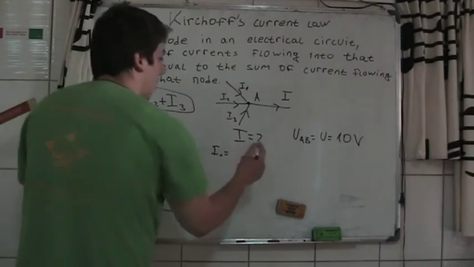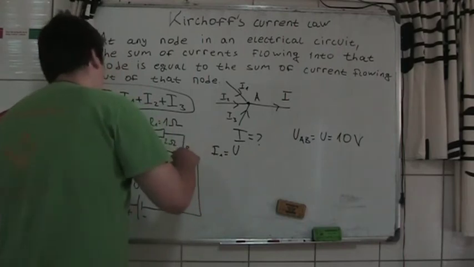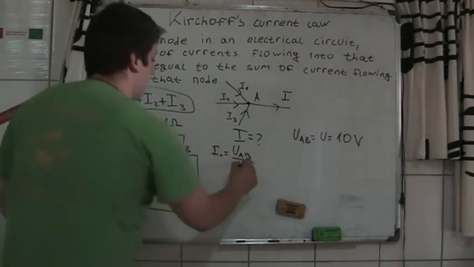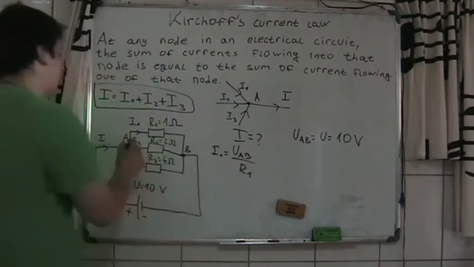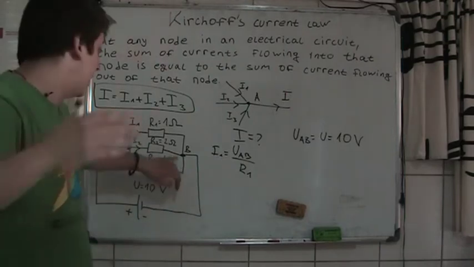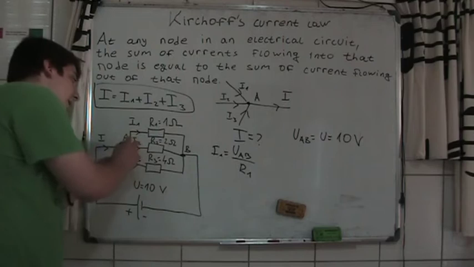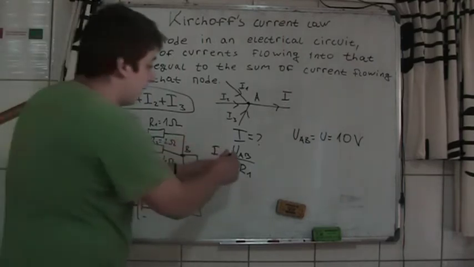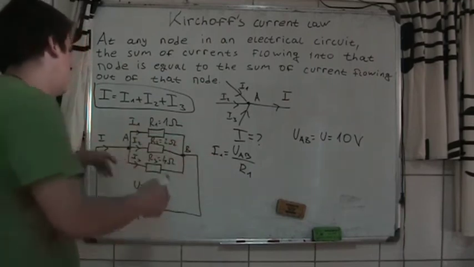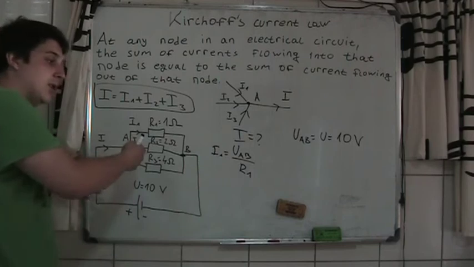So, let's calculate I1. I1 is equal to, using Ohm's law, the voltage U_AB divided by R1. See, A is the higher potential, B is the lower potential. Current goes from A to B, so we don't have to put the minus sign. You use a minus sign when the current is going from lower to higher potential.